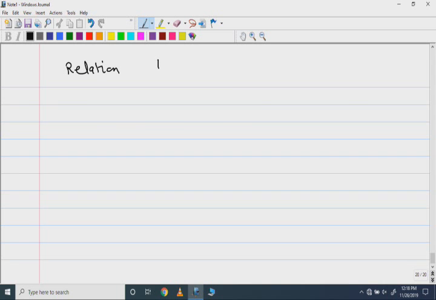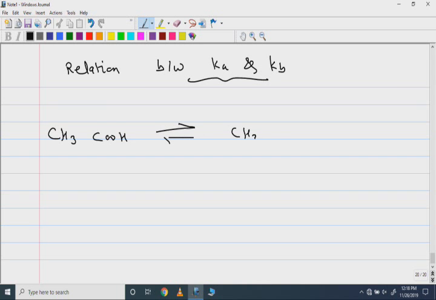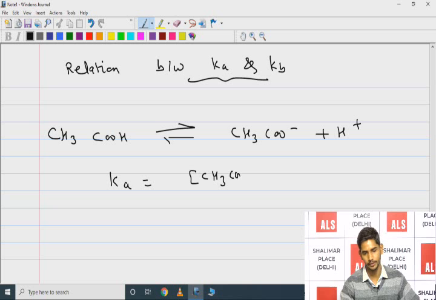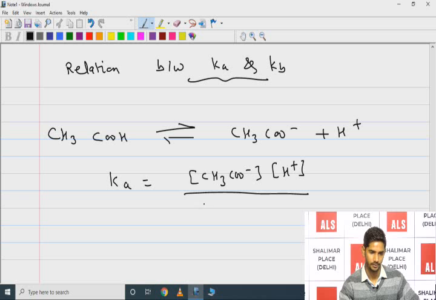Relation between Ka and Kb. See, let's take an example that CH3COOH on ionizing gives you what? CH3COO negative and H positive. Now, if I would like to write the Ka, I'll say concentration of the ions, H plus and CH3COO minus, upon CH3COOH.